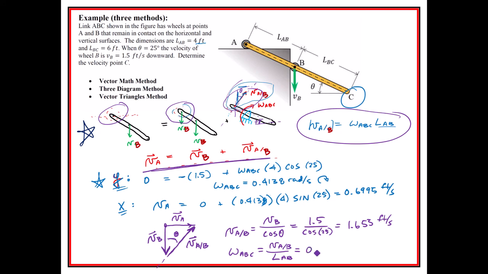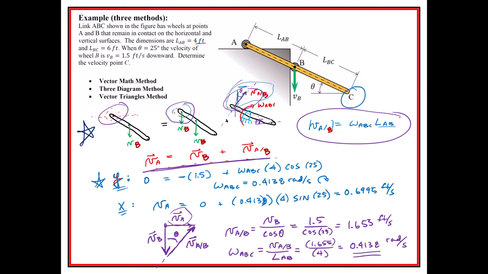Excuse me, I should write out the numbers. 1.655 divided by 4, and we end up with 0.4138 radians per second, which is what we knew we would get. And we could also find the magnitude of VA by doing a similar thing with the sine of theta, or we could actually use the tangent, whatever. We're able to find this.